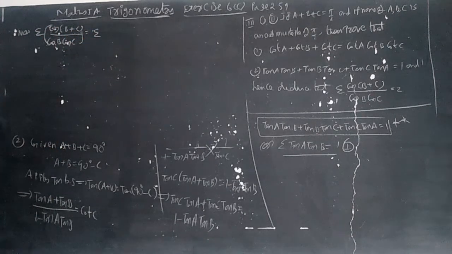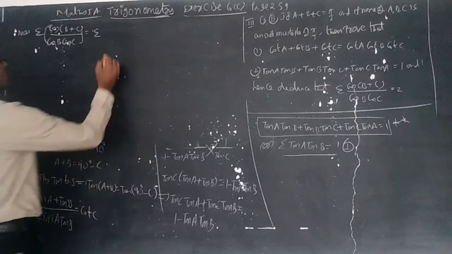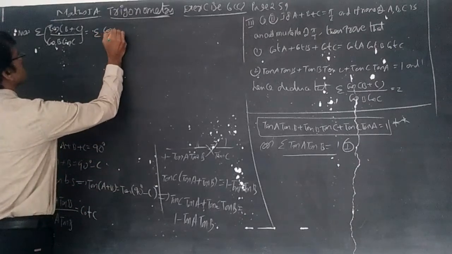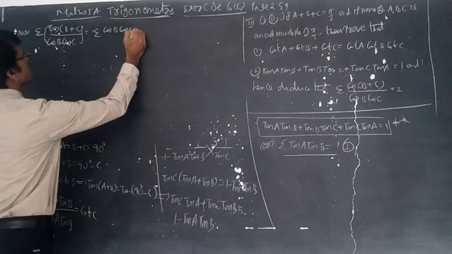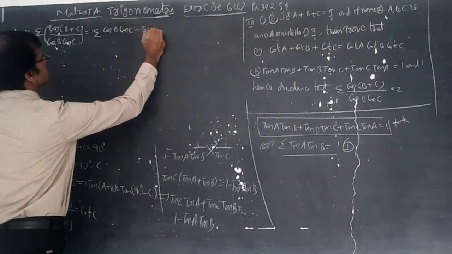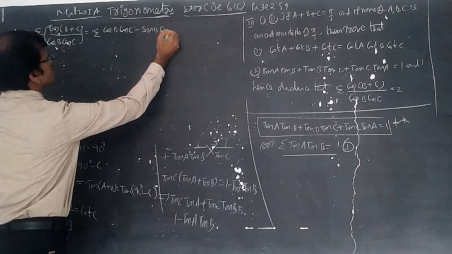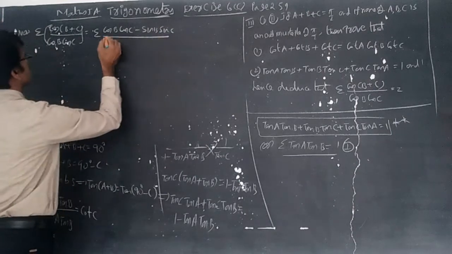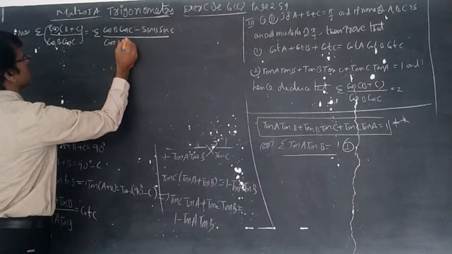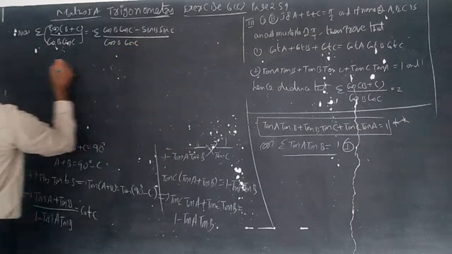Expand this one, cos of b plus c formula: cos b cos c minus sin b sin c, by cos b cos c.